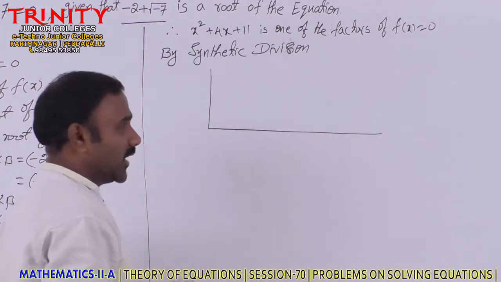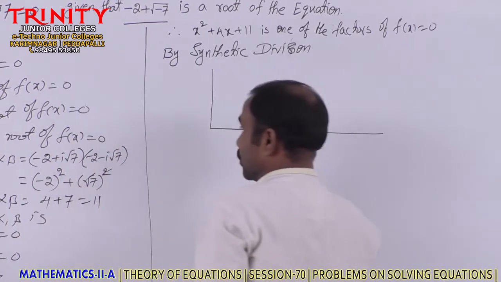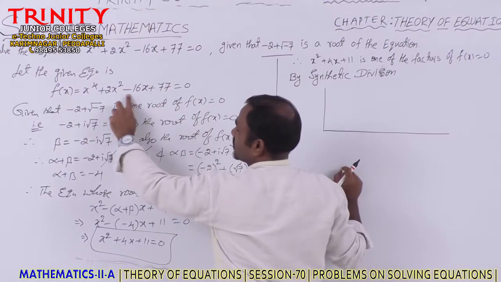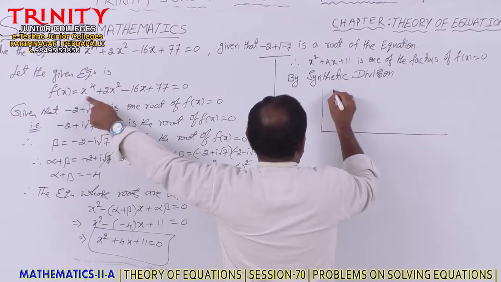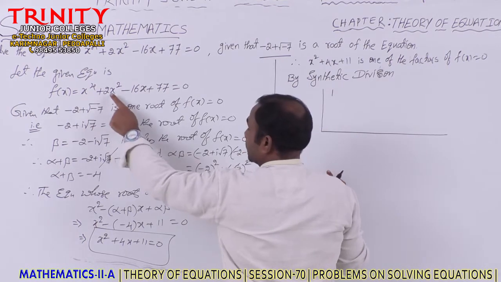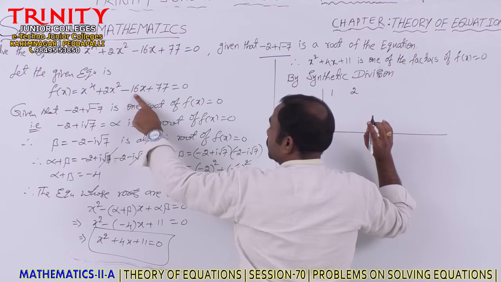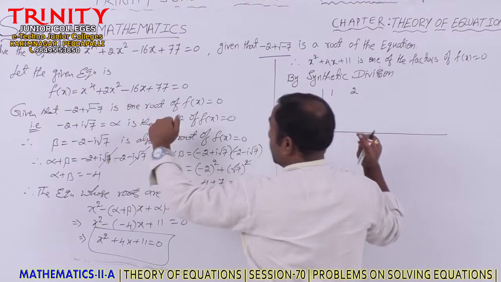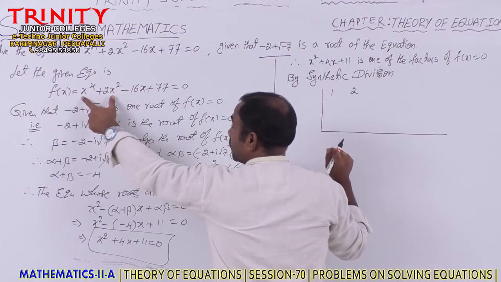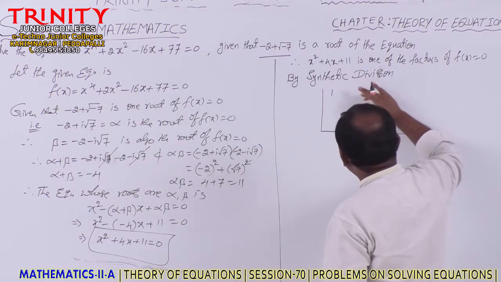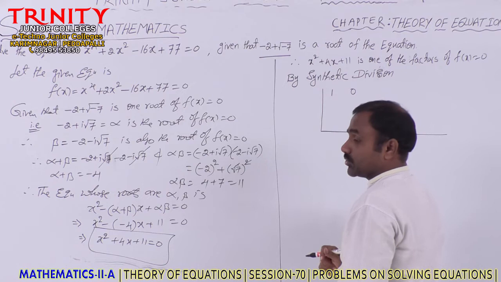To do Horner's division, in the first row we have to write the coefficients of the polynomial. The x power 4 coefficient is 1, and the x square coefficient is 2. But after x power 4 we should go for x cube; here x square is given. Therefore, we have to take the x cube coefficient as 0.